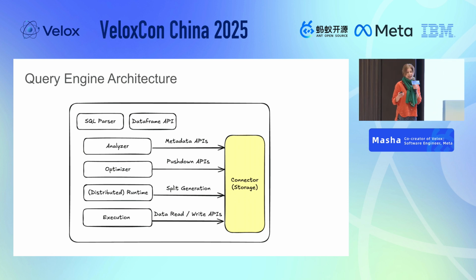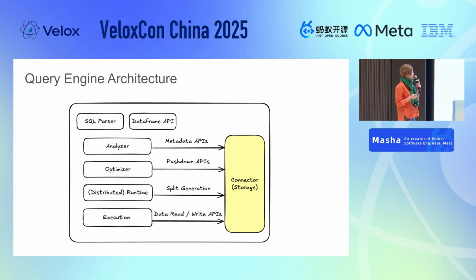There are many database query engines, many database systems. They support different use cases and have different characteristics, but they all share roughly the same high-level architecture. You can find in any query engine a parser, like a SQL parser, or a Spark HQL parser, or some sort of Python data frame API.